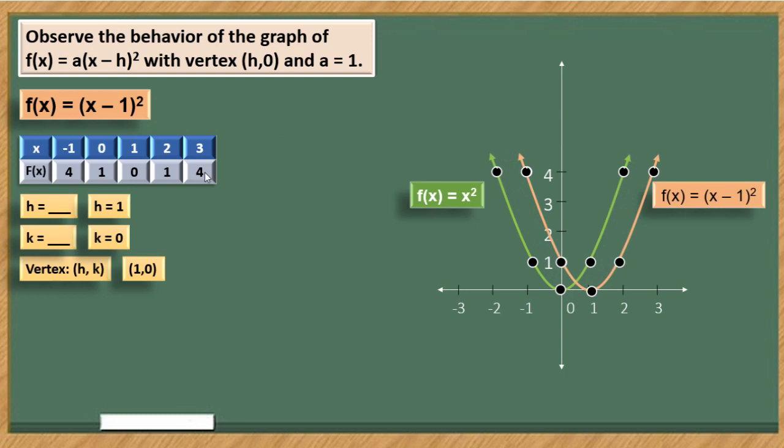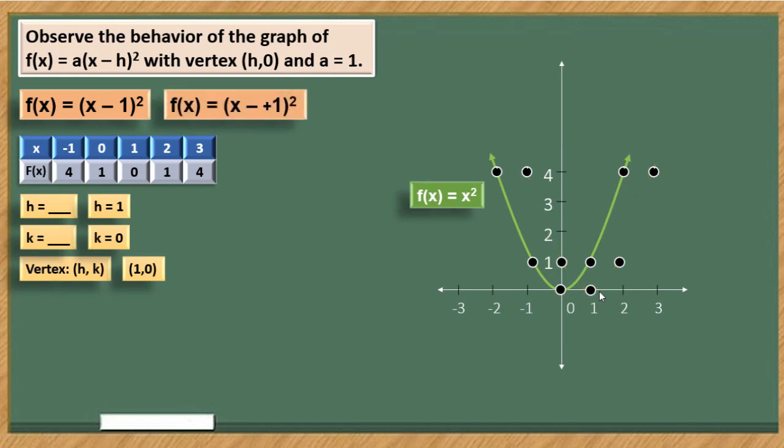Since the two graphs overlap each other, then the two graphs are identical, and the graph of the quadratic function, the square of the difference of x and 1, is translated one unit to the right. Okay, so you see that.